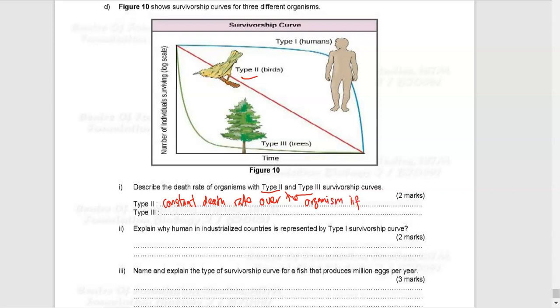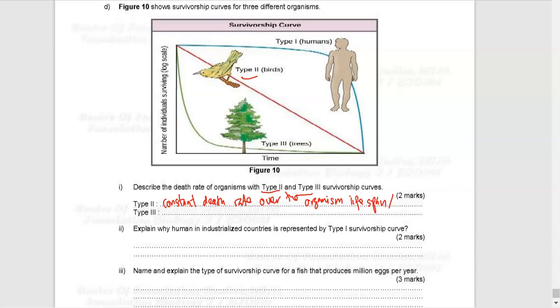Individuals die at all stages, at all ages. So when it's a baby some die, as the bird gets older some also die, and when the birds get even older some die. So for type 2, the organism experiences a constant death rate over its lifespan.